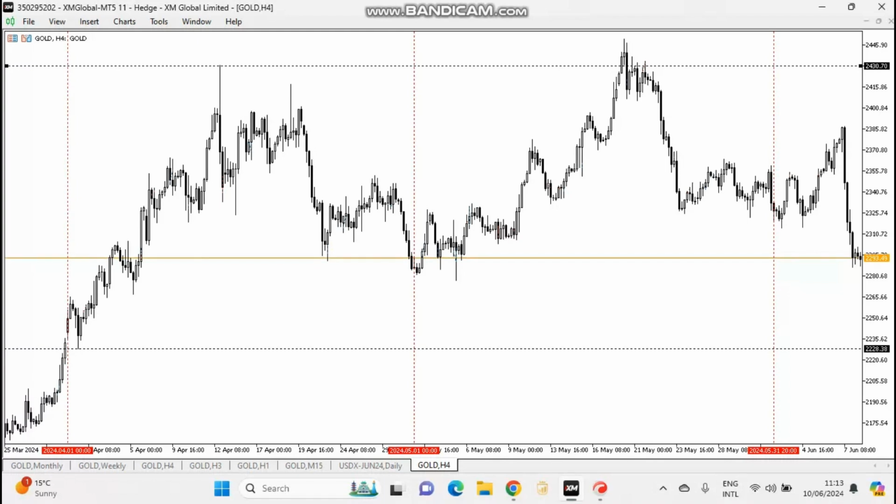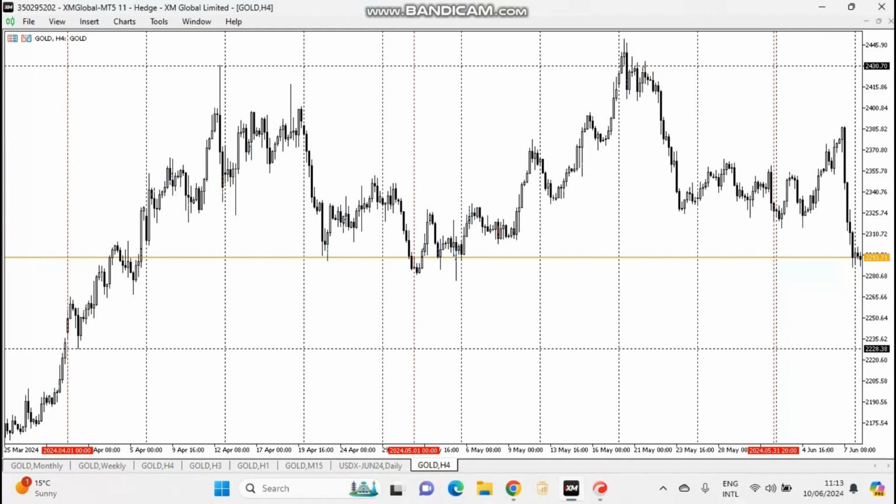Okay, guys. Because we're using the MT5 platform, we're going to divide the month in weeks. The month in weeks is Control Y. Here we go. This is the month in weeks we're going to be dividing.